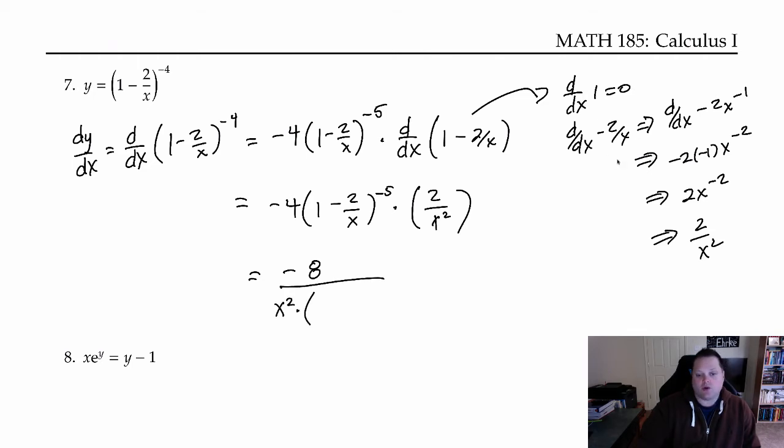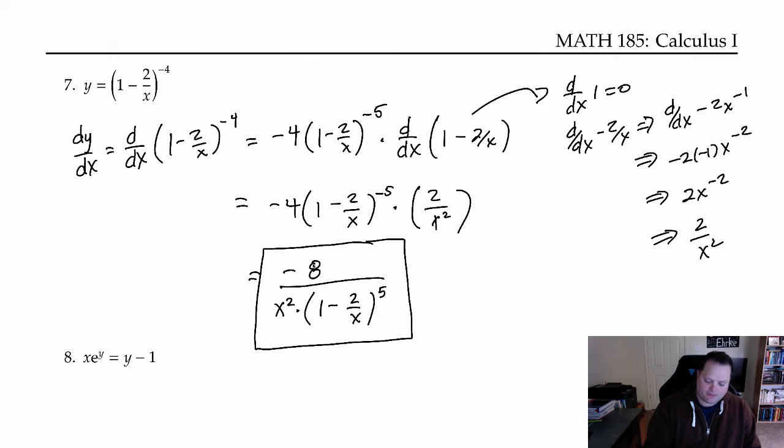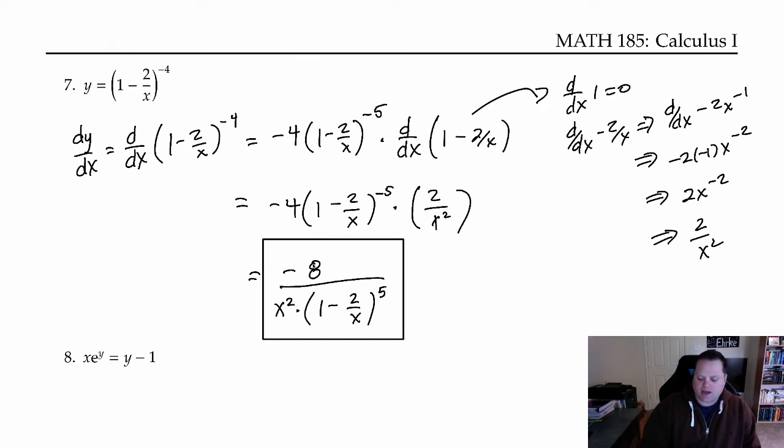And then remember, x squared's in the denominator here. You've got a negative 8 in the numerator. This negative 5 means this term is actually in the denominator. So I'm going to write this in the denominator, and I think that's probably the best way to write the answer overall for this problem. So just remembering things about exponents and the way they work.